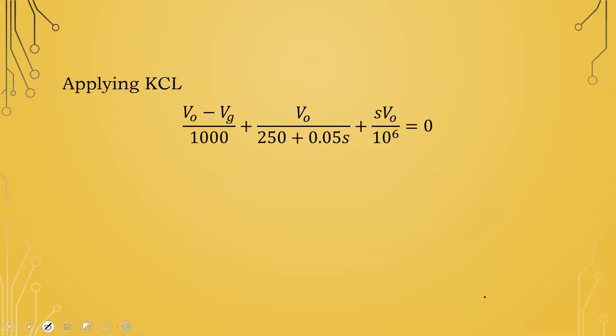So V0 minus Vg over 1000. We agree with that? Plus V0 over 250 plus 0.05 S plus S V0 over 10 to the 6. Okay?